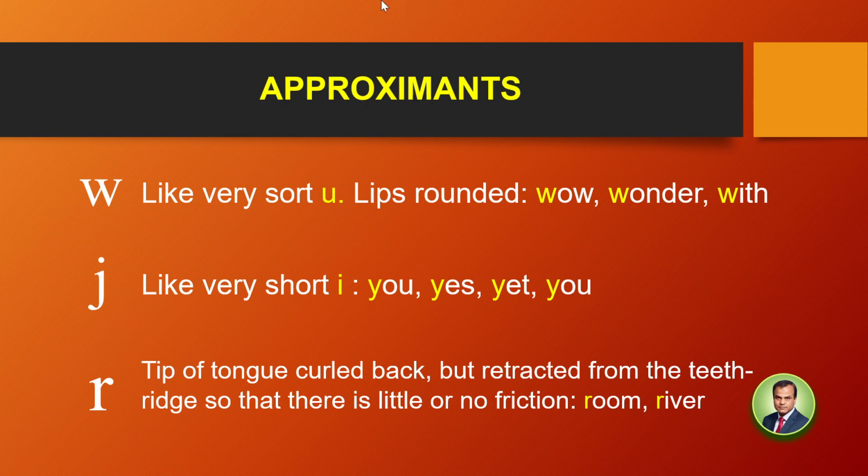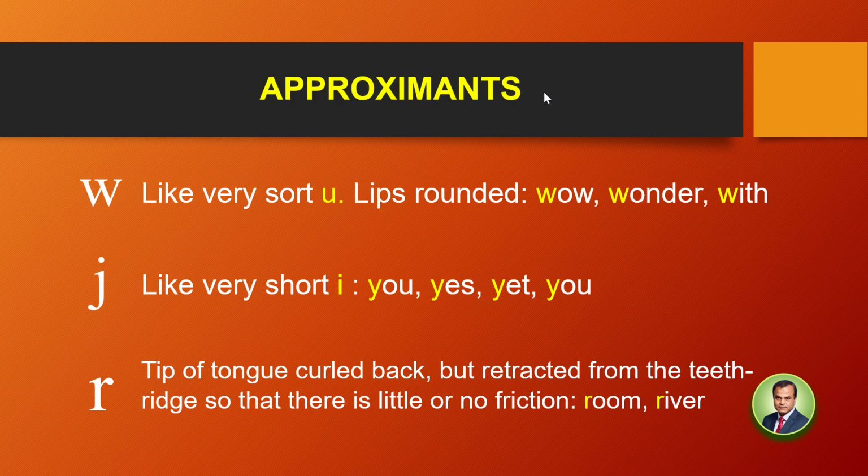Next, as a letter, this symbol is pronounced as R, but as a sound it is pronounced as r. You will find the symbol in words like room and river. This is quite simple, that's why we are not taking a lot of time to say it.